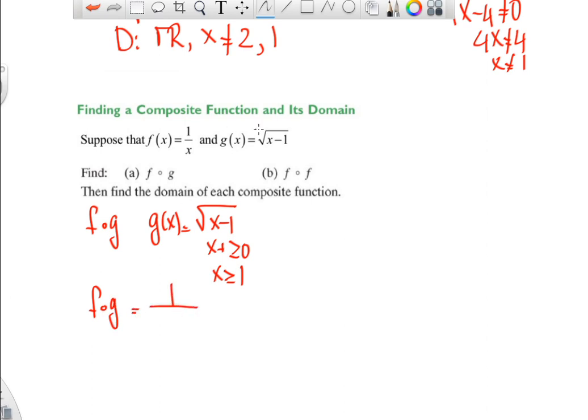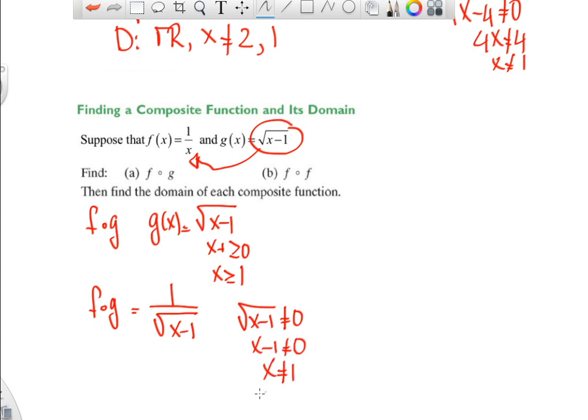Now I'm going to shove g into f, so f of g itself would be 1 divided by, so all of this is going to be plugged into there, so that becomes the square root of x minus 1. Well, that ends up with a fraction, so I also cannot have the square root of x minus 1 be equal to 0, so that means x minus 1 can't equal 0, so x cannot equal 1.